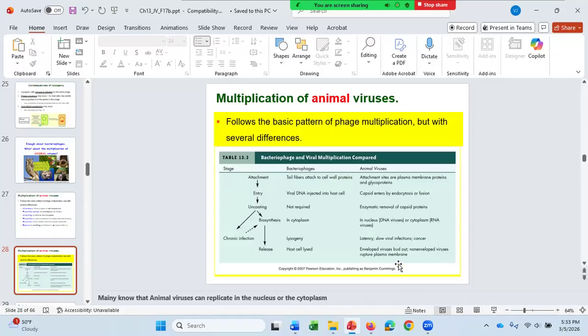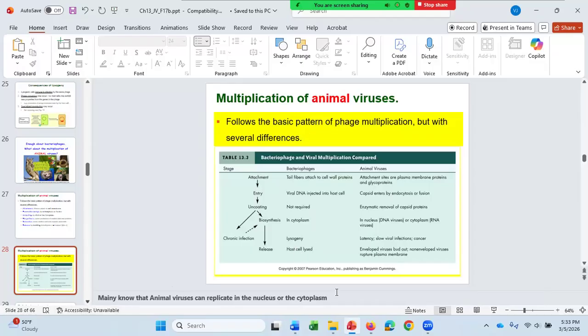Only animal viruses, or maybe a plant virus, we'll talk about them at the end of this lesson, can replicate in the nucleus. And a bacteriophage has to replicate in the cytoplasm because there's no place else in the bacteria cell. Okay? So that's the main difference between the multiplication of animal viruses and bacteria viruses.